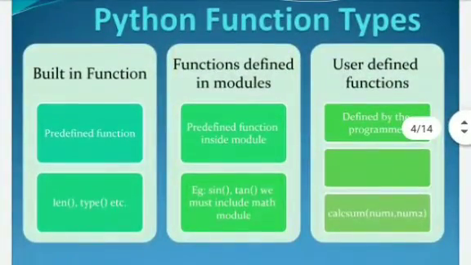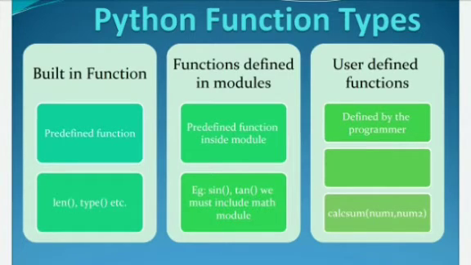There are three types of functions. What are they? Built-in functions, functions defined in modules, and user-defined functions. Built-in functions, we have already used: len, type, these are built-in functions.